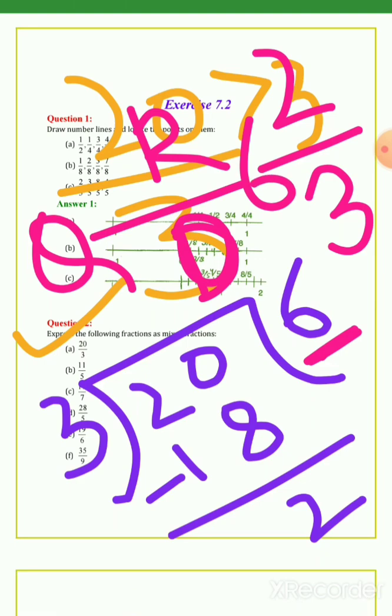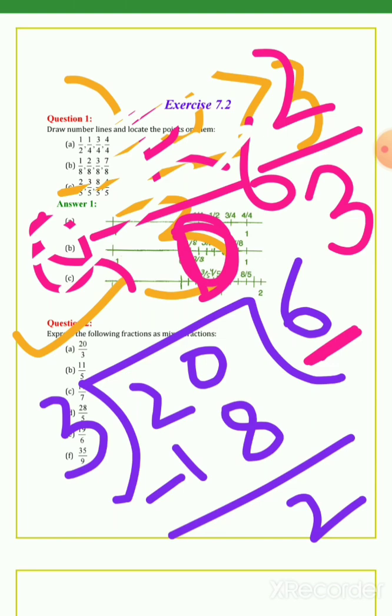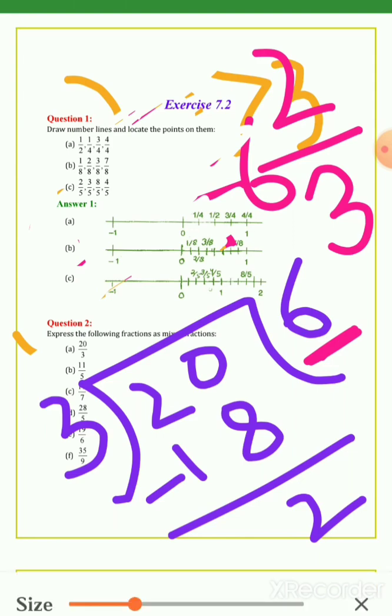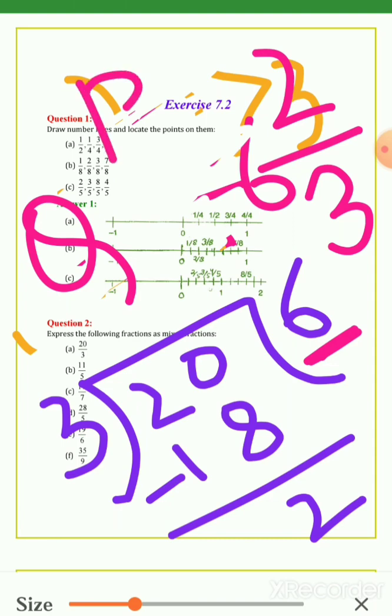The quotient will come here, the remainder will come on the top, and the divisor will come down.